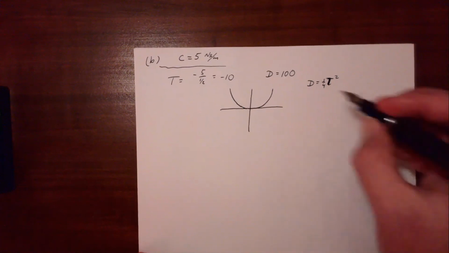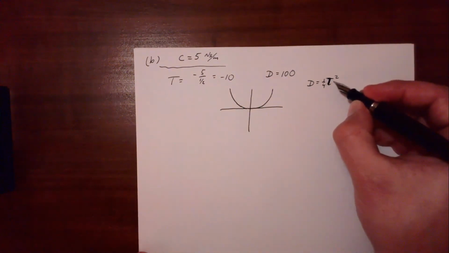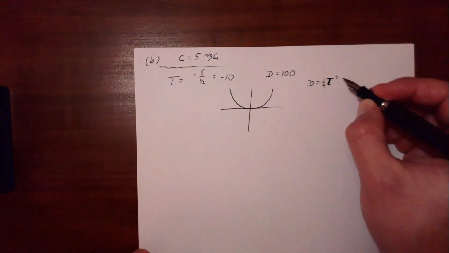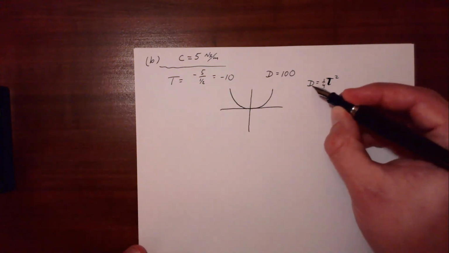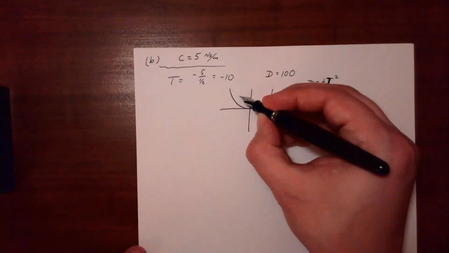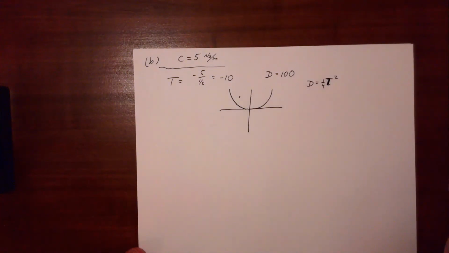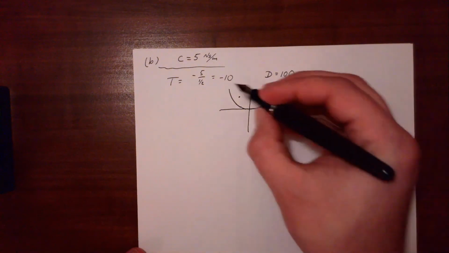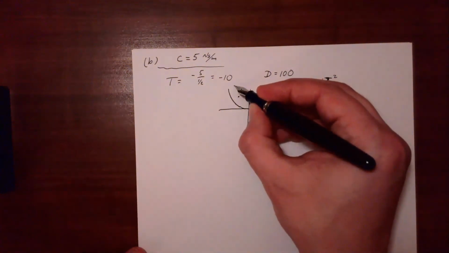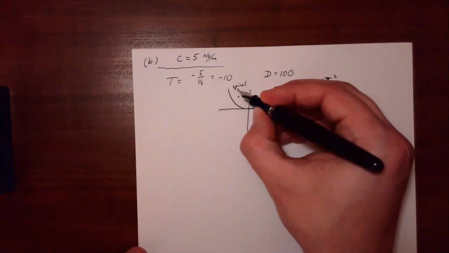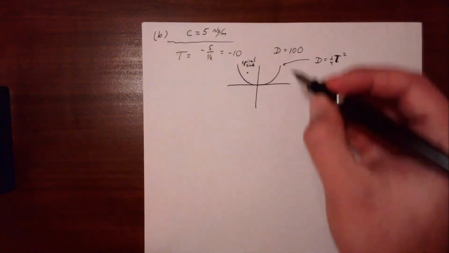So here we can see that t squared would be 100, a quarter of that. So that means that D is going to be greater than, so we're over here somewhere. So our D is greater than 1/4 t squared. So that puts us over here, which is a spiral sink.